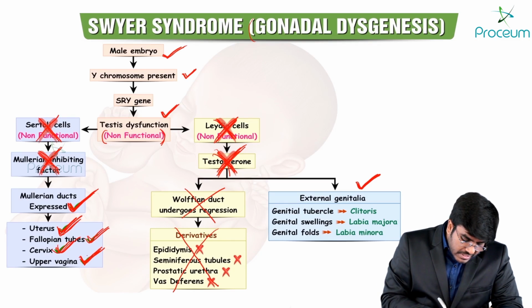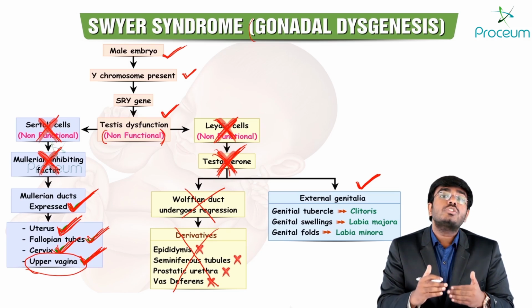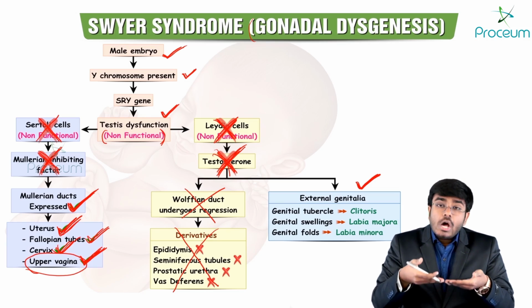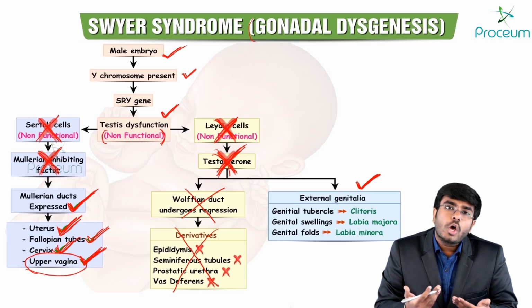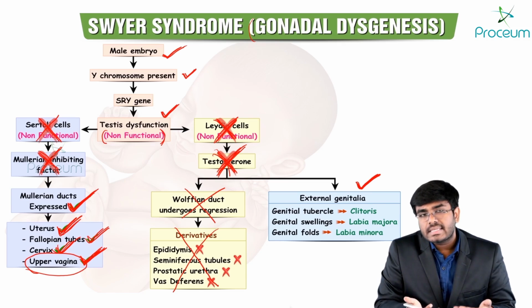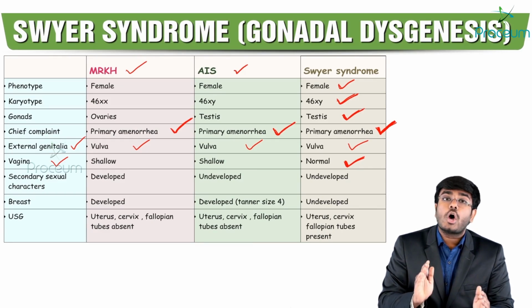So, the upper vagina is normally developed. Because of the absence of testosterone, the lower one third of the vagina is also normally developed from the urogenital sinus. So, the vagina in a female with Swyer syndrome is normal.